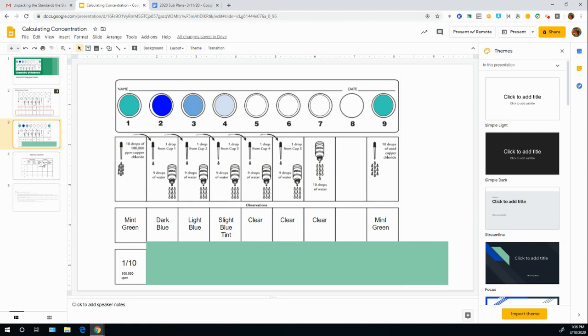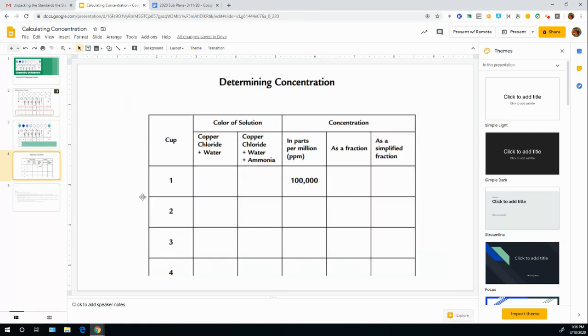So if you then look at student sheet 24.1, you are going to be determining the concentration of this substance. We know that the parts per million in cup 1 were 100,000. That information was given to us.